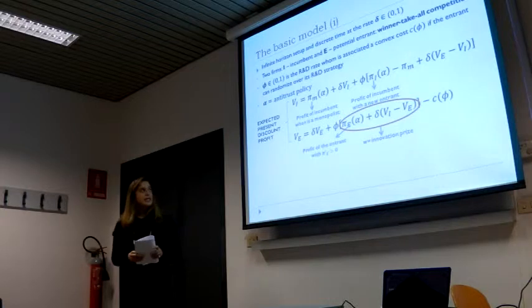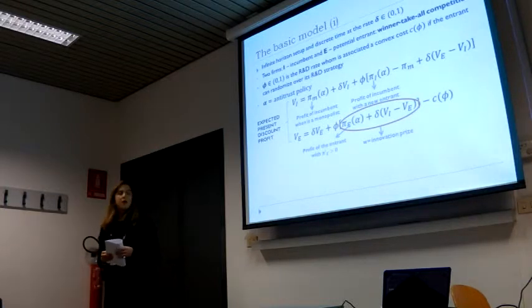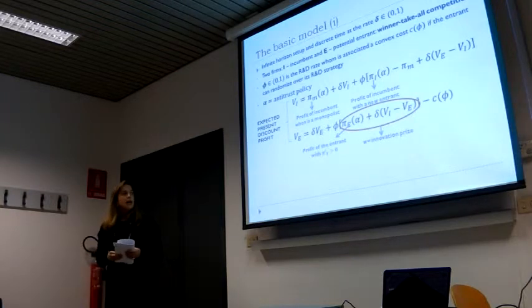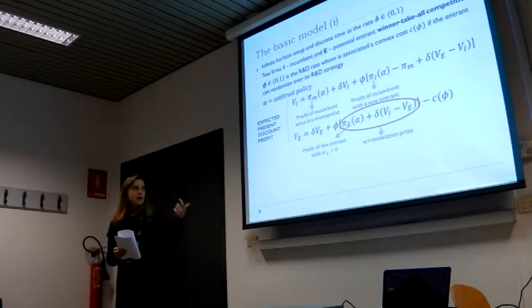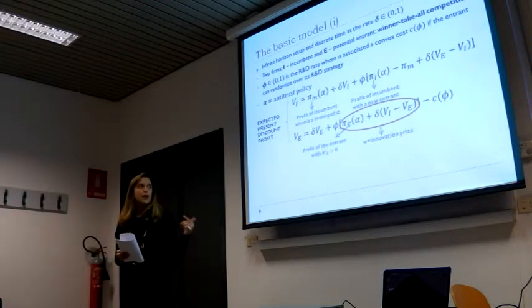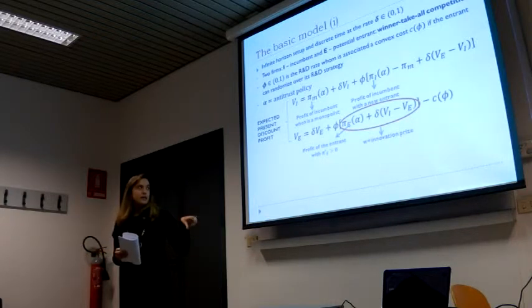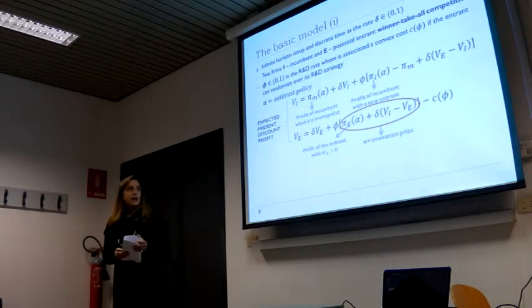For the first one, we can see that the expected present discounted profit for the incumbent is given by the profit of the incumbent when it is a monopolist, so when there is no other firm that wants to enter the market, plus the discounted value of the expected profit, plus the probability times the difference between the profit of an incumbent with a new entrant, so when it has to share its profit, and when it is a monopolist, and the discounted value of the difference between VDE and VDI.